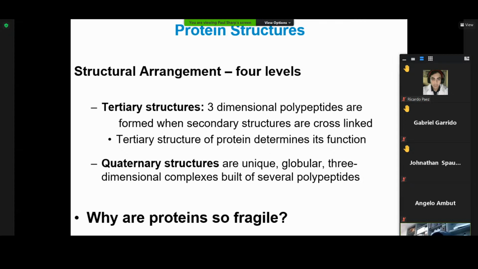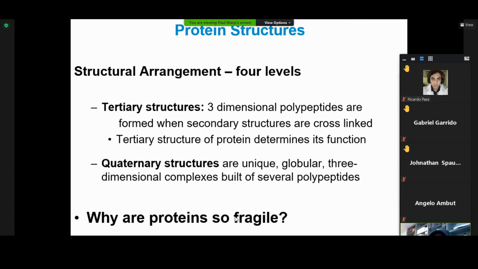Each string has its own tertiary structure, but those structures come together to form a quaternary structure. So quaternary structure is a unique globular three-dimensional complex built of several polypeptide chains, several chains of amino acids.